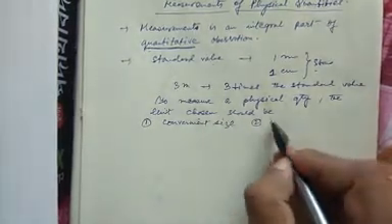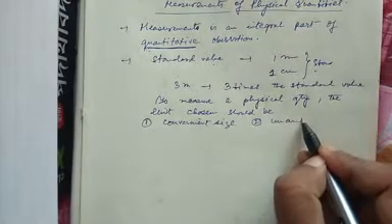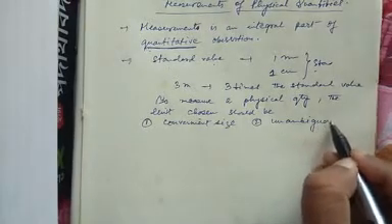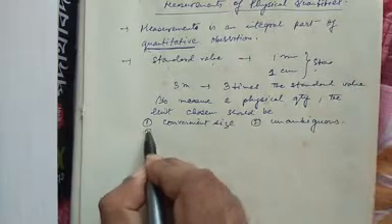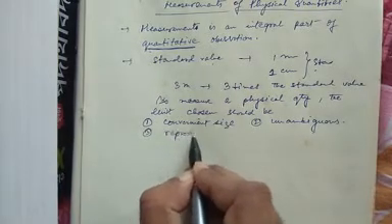Number two, unambiguous. Three, reproducible.